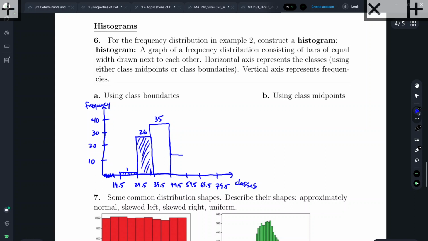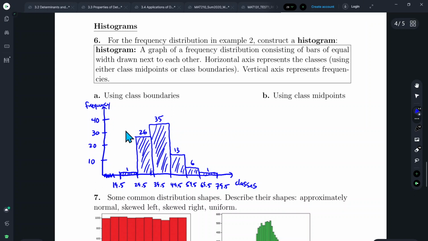So 13 is about here. 6 is about here. And 1 is about here. Okay, so this is a histogram.